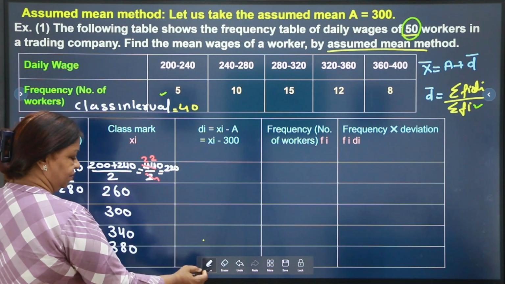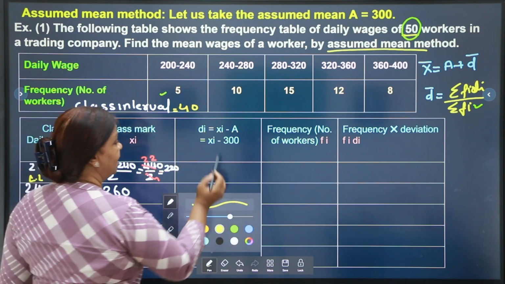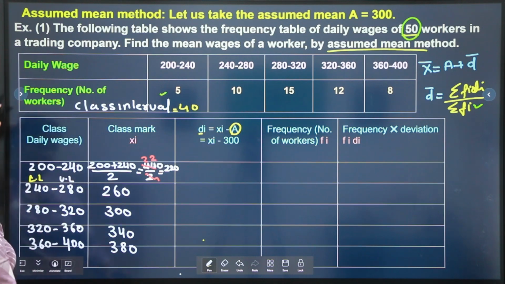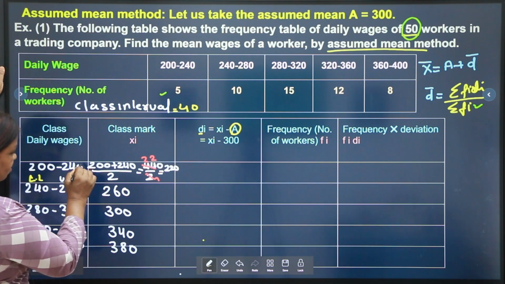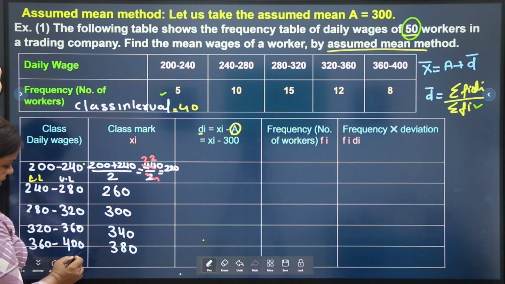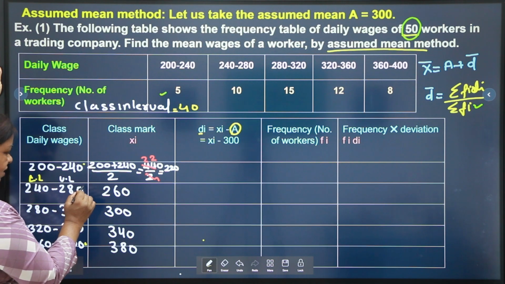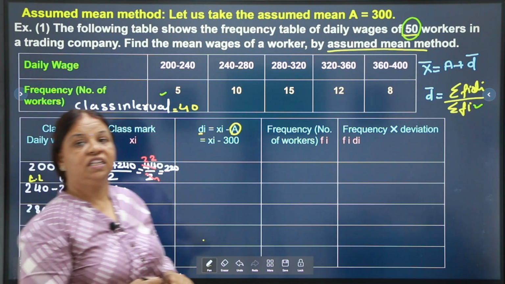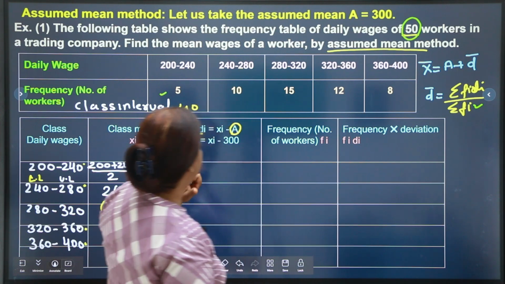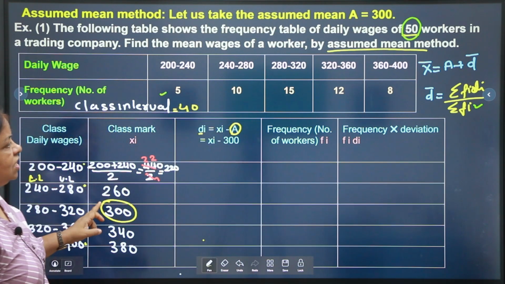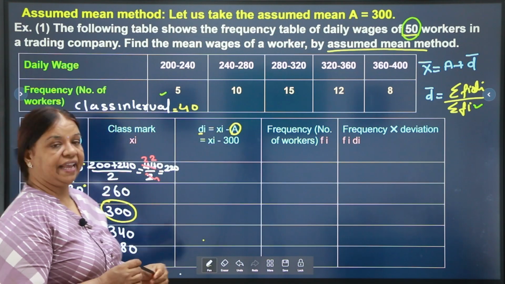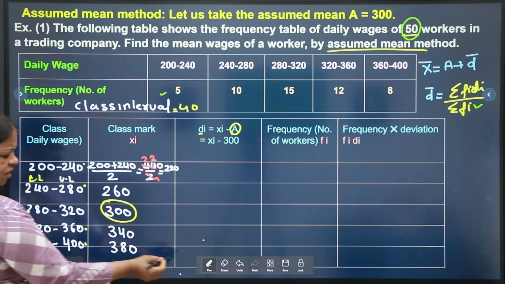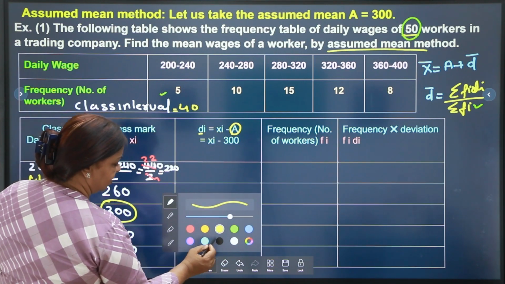Now Di, for finding Di, we should know A, the assumed mean. This is the first one, this is the last one, second one, second last. The middle one is the A. Either you can take the highest frequency as the assumed mean, or you can take the middle one. We can better take the middle one, but before that we will write the frequency.